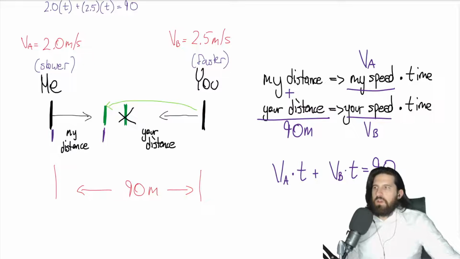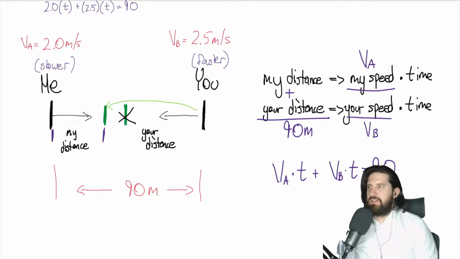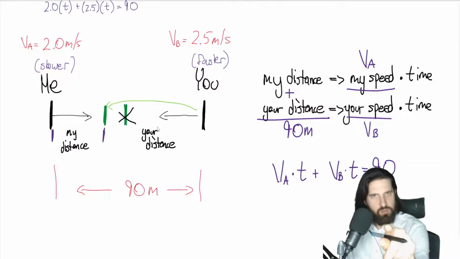So yeah, this is the analogy, right? That we're running at each other, and you're comfortable saying that we're not going to meet in the middle? Yeah, because I'm faster than you, so I get a little bit more than 45 meters. Good. But do you agree that the distance that I travel and the distance that you travel add up to be the total distance?